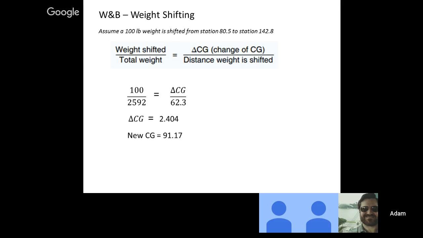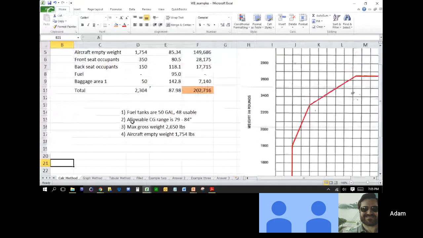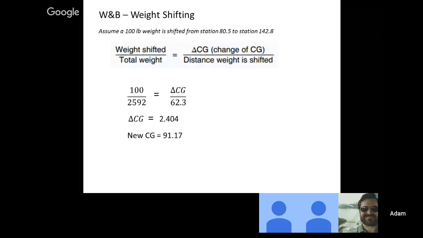So 2.404, and if you add that to the 87.98, you'll get the 91.17. To me, just a much easier, more concise way to understand how to solve the problem.